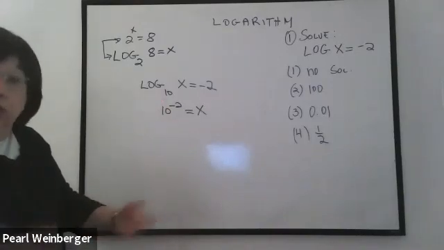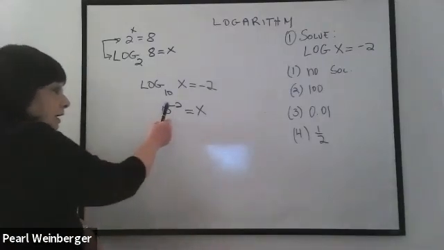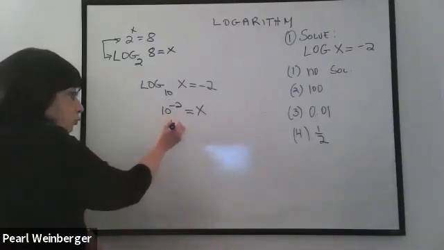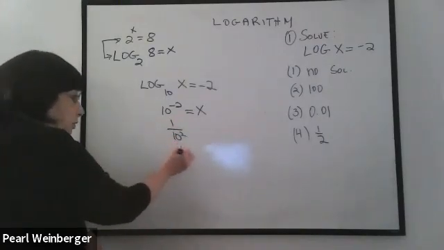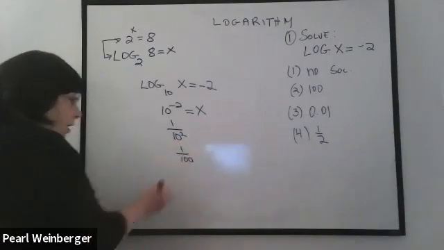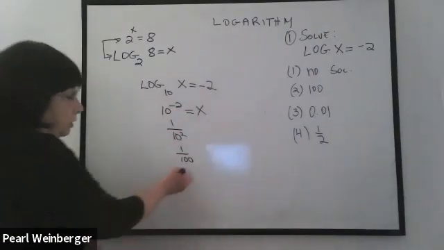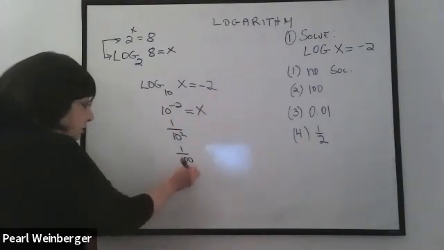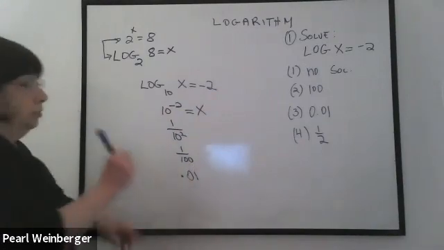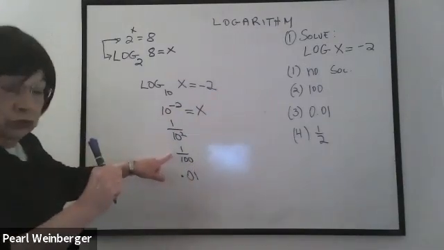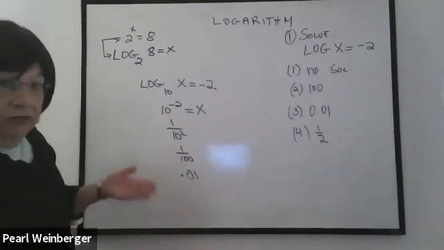Either I can do it in my head or on my calculator. In my head, 10 to the -2 means 1 over 10 squared, which means 1 over 100. They don't give us 1 over 100, but we know 1 over 100 is the same as 0.01. Remember, decimals are just a quick way of writing fractions.